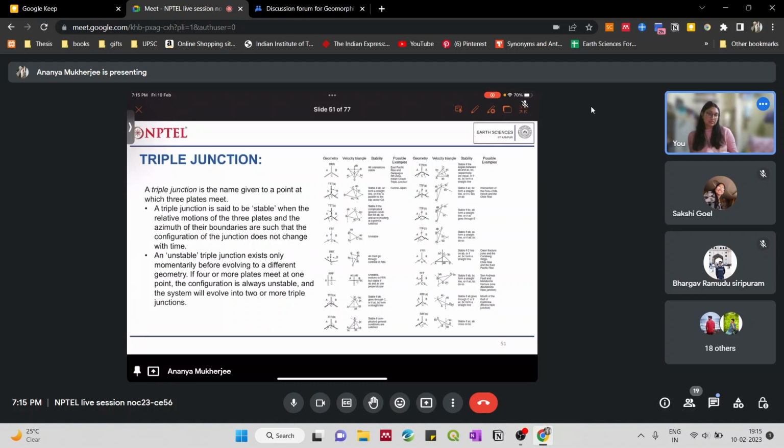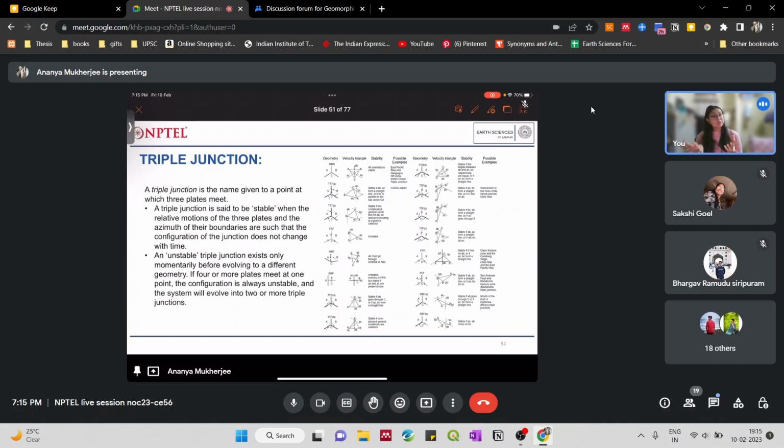Over here as it's mentioned also, triple junction is a name given to a point where three plates are meeting. Now three plates are meeting, all three might have different plate boundaries, okay. So then the triple junction that is forming is actually composed of different kinds of plate boundaries with different motions, okay, relative motion. So a triple junction can be stable as well as unstable.